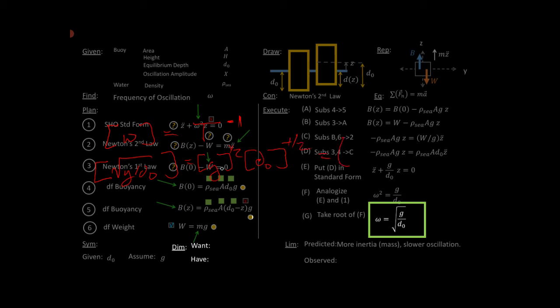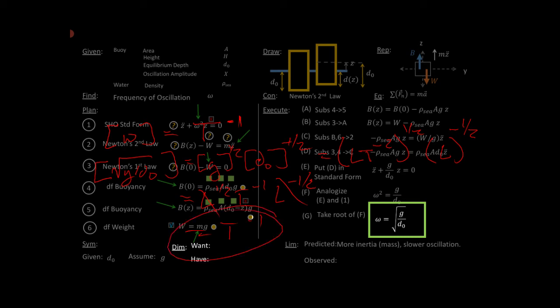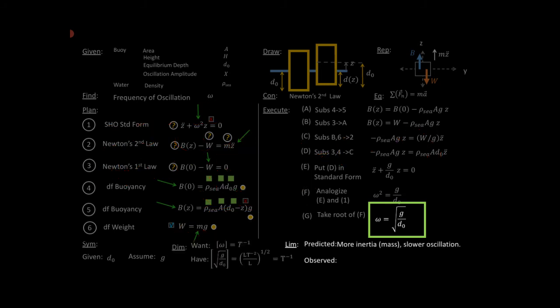The dimensions of g are L T to the minus 2, to the 1/2. Dimensions of d naught are L to the minus 1/2. So we have L to the 1/2, T to the minus 1, L to the minus 1/2. These two cancel, so we have T to the minus 1. So these dimensions match those dimensions. Test 2 is okay.